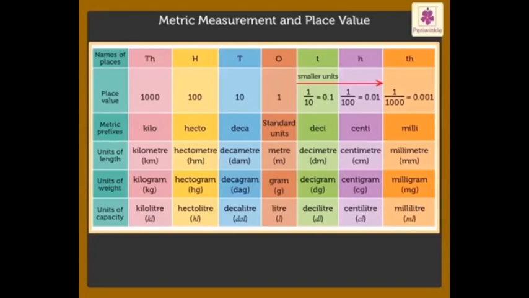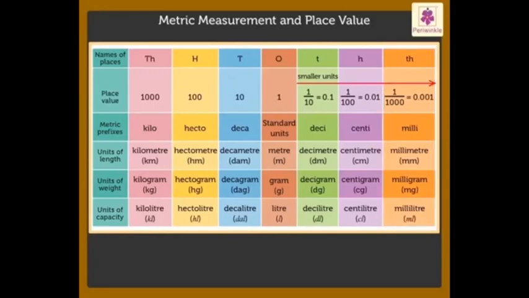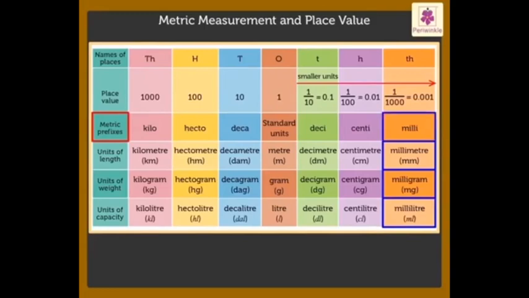Similarly, the units in the thousandths column are 1,000 times smaller than or 1,000th of the standard units. We name these as millimeter, milligram and milliliter, as the prefix milli means 1,000th.